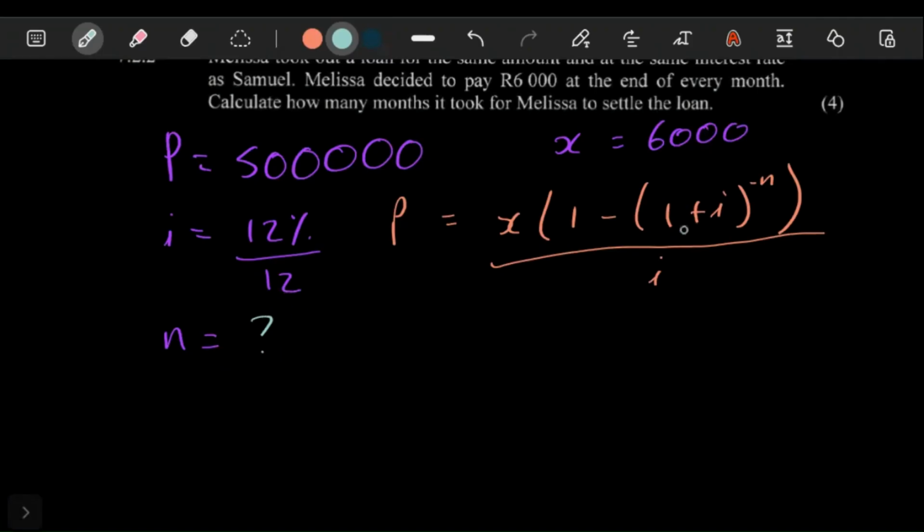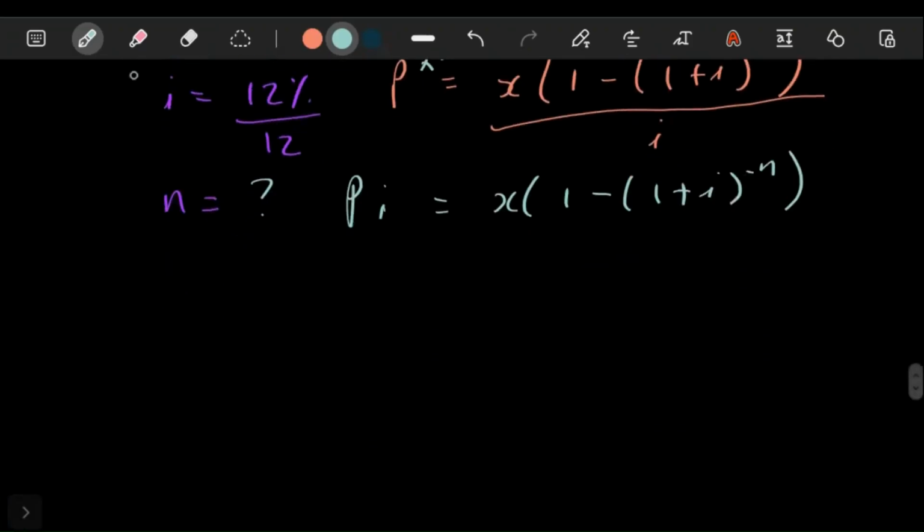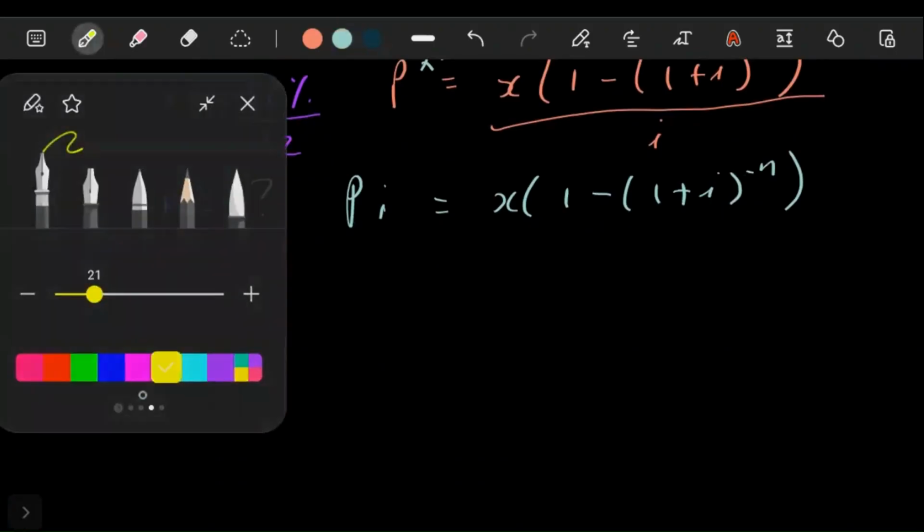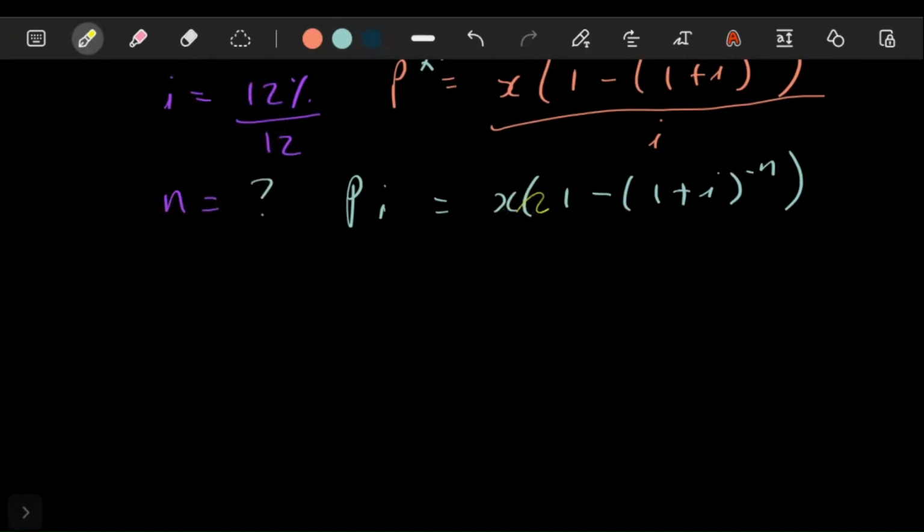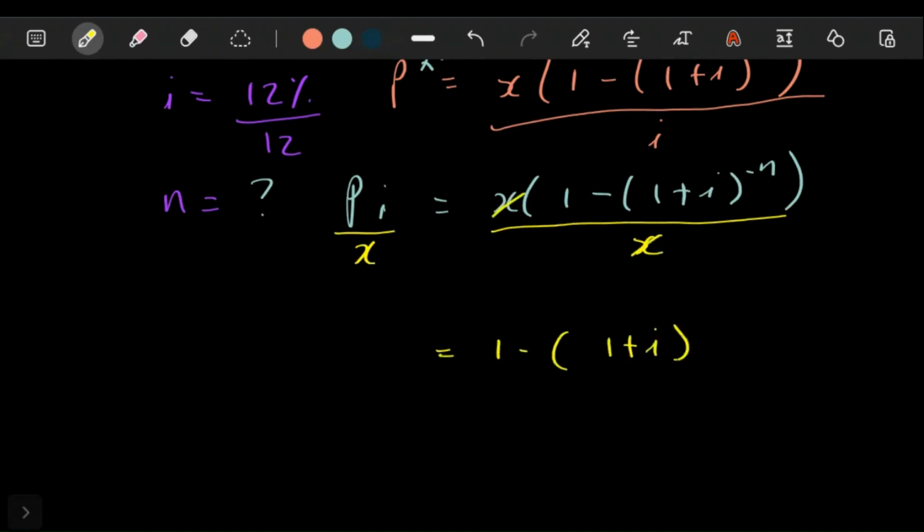So working out n here, you would again multiply by i on both sides, and you'd have P times i equal to x times 1 minus 1 plus i to the power of negative n. Since we work out n, you divide both sides by x.